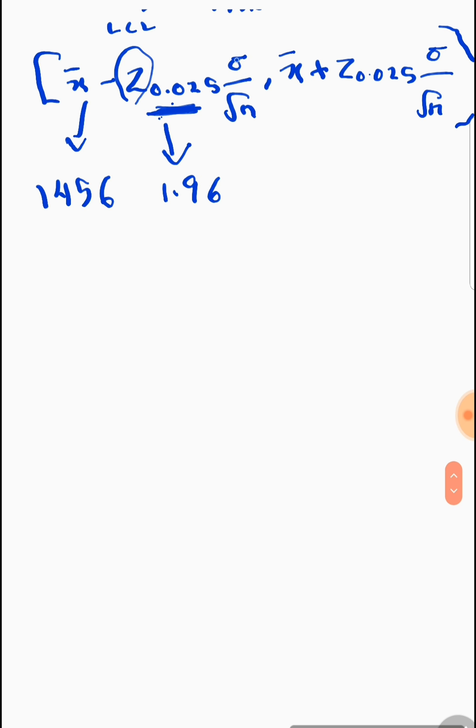So once you have got this, the standard deviation earlier is actually 140, right? And then your n is 60. I'm just going to put the plus here. So this is actually what I call the lower confidence level, all right?